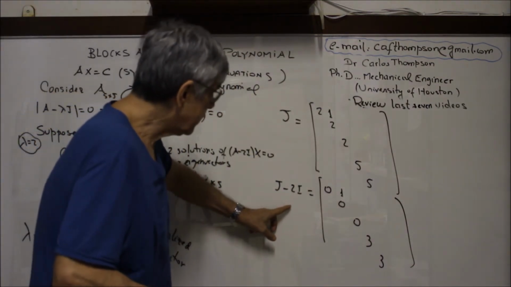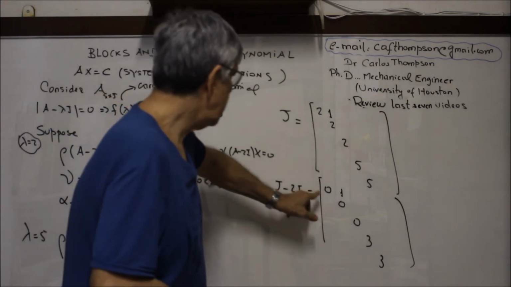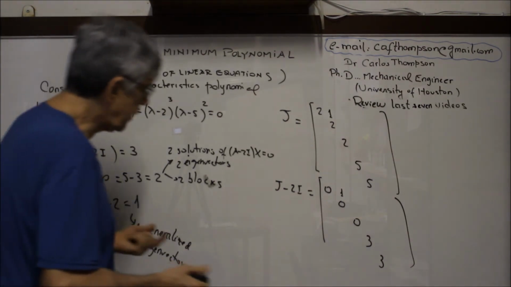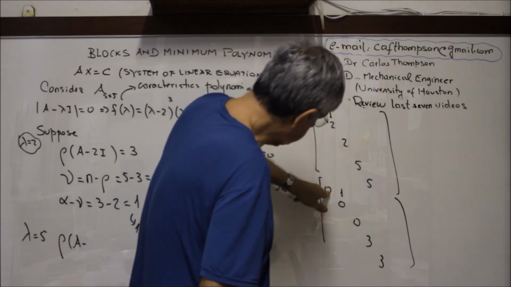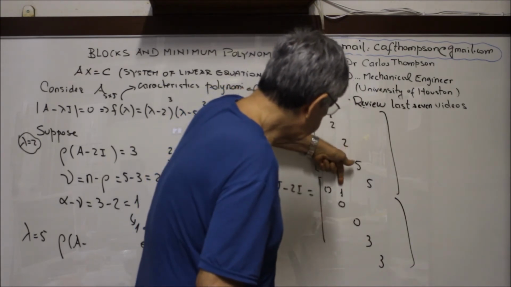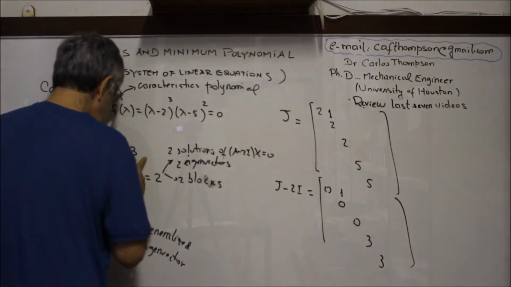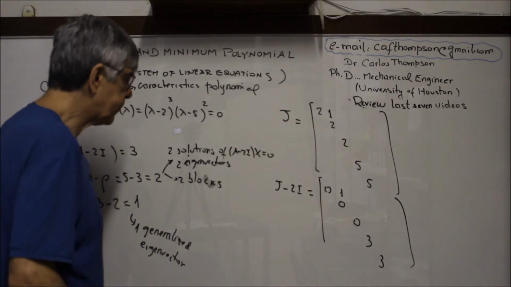What is the rank of this J minus 2I? Let's count. Here I have one pivot, because these are all zeros, I have one pivot, two pivots, and three pivots. Rho is 3.